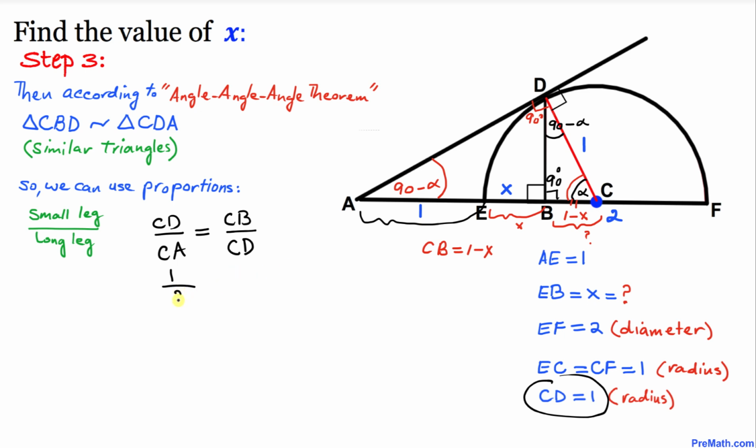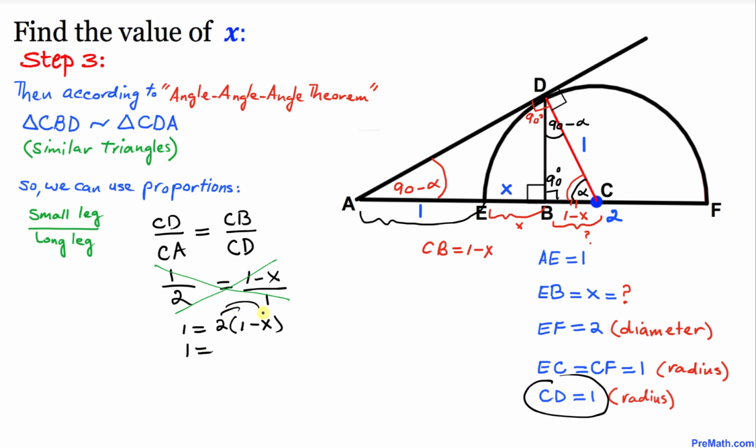So this CA total length is going to be 2, equal to CB, which we just figured out is 1 minus x, divided by CD, which is 1 again. So let's go ahead and cross multiply. We are going to get 1 times 1 is 1 equal to 2 times 1 minus x. And let's go ahead and simplify.